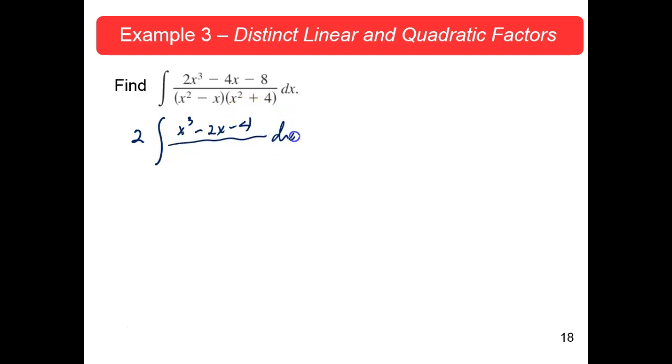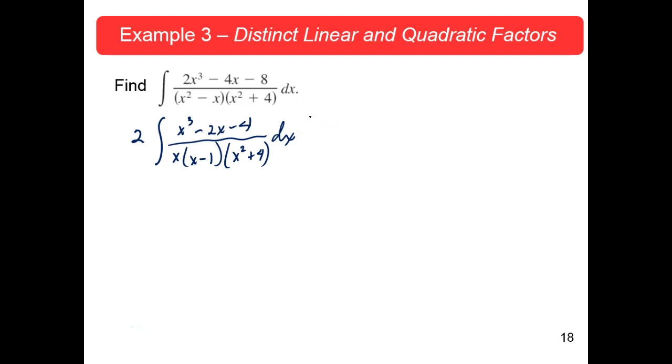Now, we've still got some factoring to do in the denominator. What would that give you? x times x minus 1. Can you factor that next one? No. x squared plus 4. So, what would you try next?